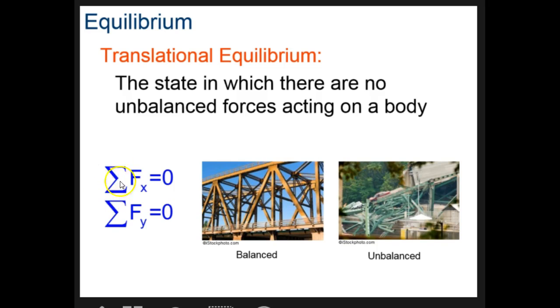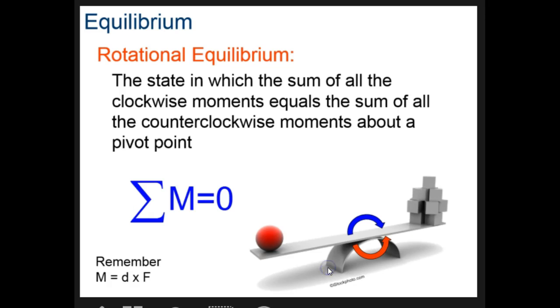It means we're going to add up all the forces in the x direction, and they're going to equal 0. Here, this is a capital sigma, we're going to add up all the forces in the y direction, up and down, and they're going to equal 0. For example, here, this is balanced forces. The bridge is sitting still. It's not moving. Here, where this bridge is collapsed, that's because there was too much weight on the bridge and it caused it to collapse.